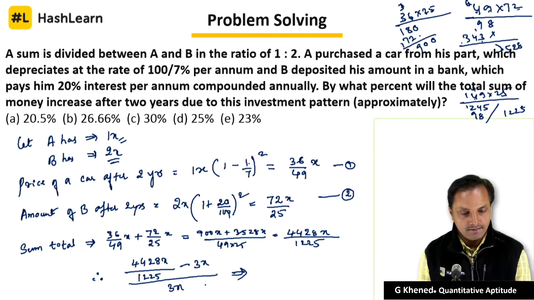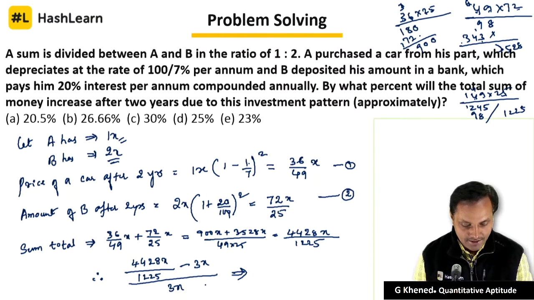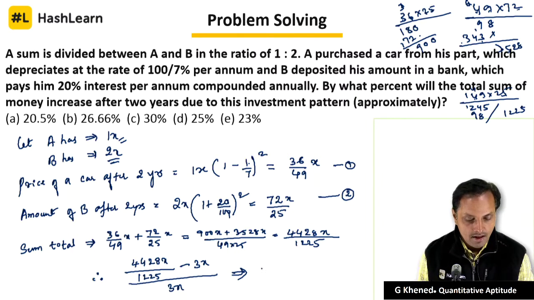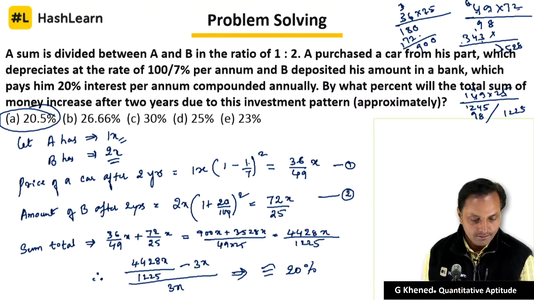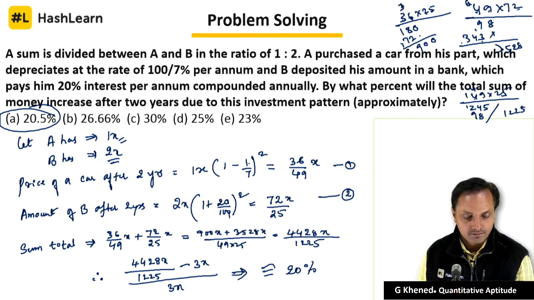Once you do this, you should get the answer to be approximately 20%, that you can solve it. Option A is the answer.